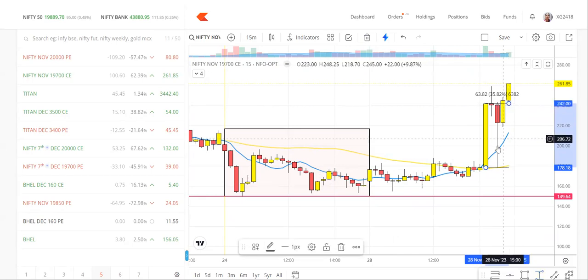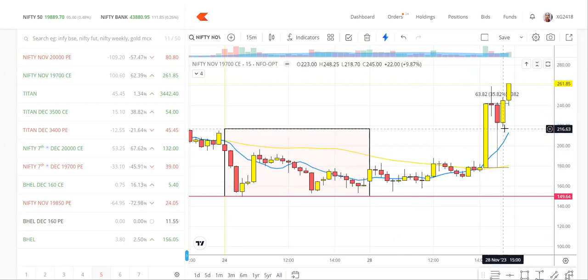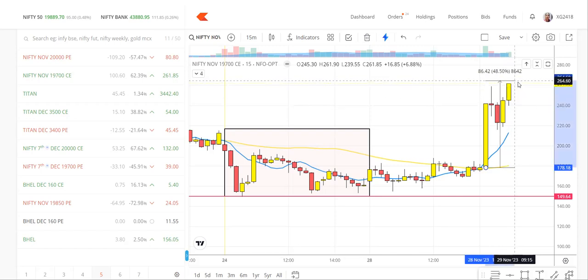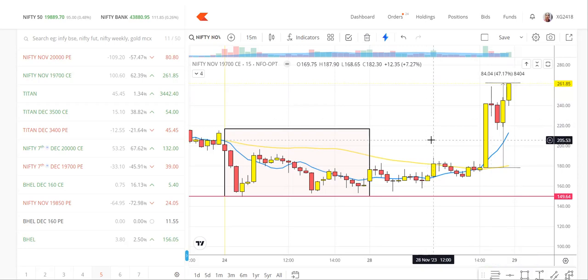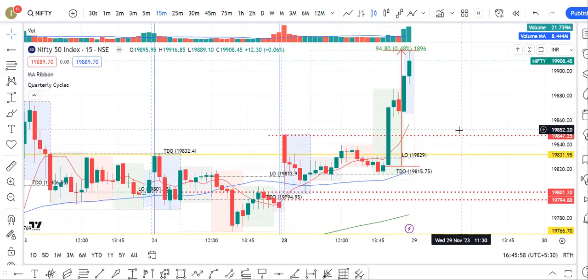For the 44 points move, the Nifty gained around 55 points, 63 points. So when it was correcting, there was more correction in this when compared to the Nifty. 63 points, and then this ended up 84 points. Though the market gained 94 points, it ended at 84 points.